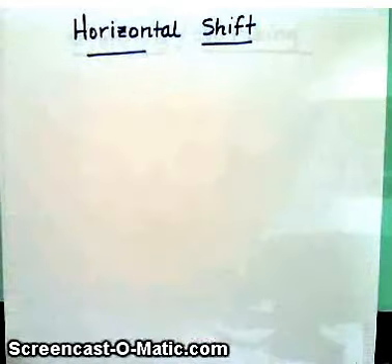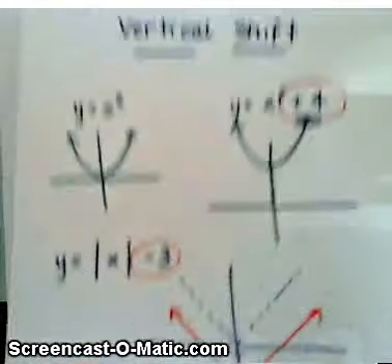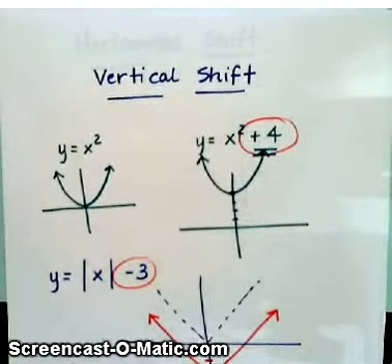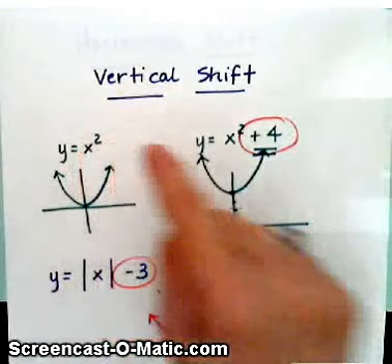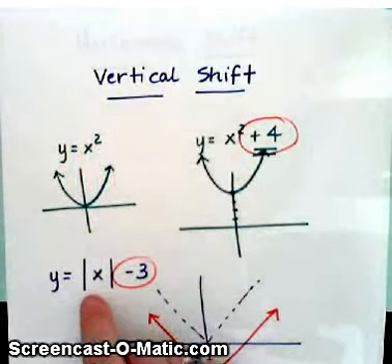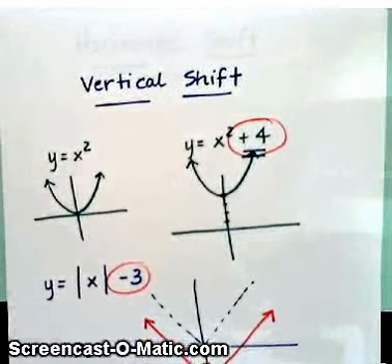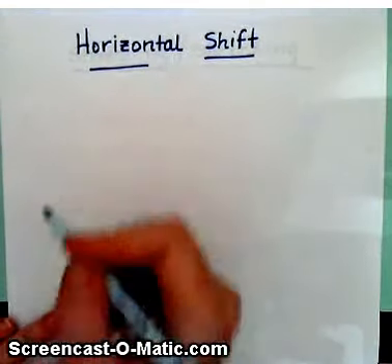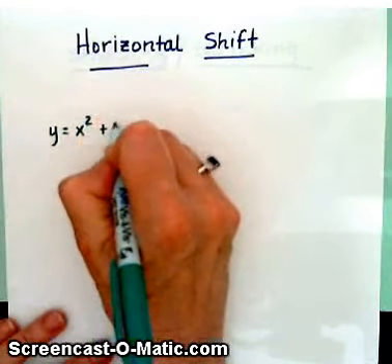Next, let's talk about a horizontal shift. Now, you notice, let me pull this back. When we were doing vertical shifts, we were adding and subtracting outside the function. In other words, x squared, and then we said, oh yeah, let's add 4 to it. Or absolute value, let's subtract 3. Okay, I want to show you the difference between shifting horizontally and shifting vertically. All right, this was the vertical shift, y equals x squared plus 2.